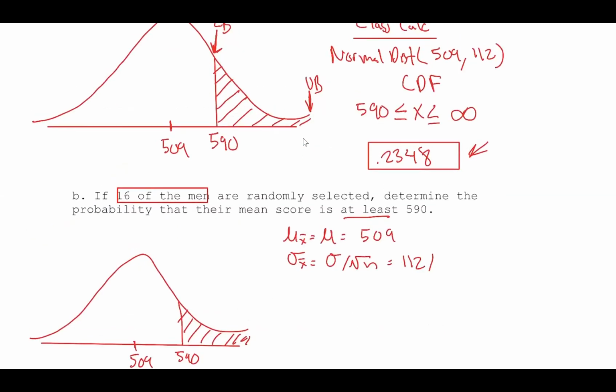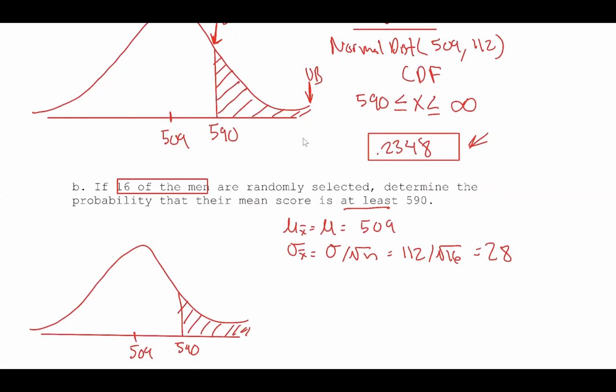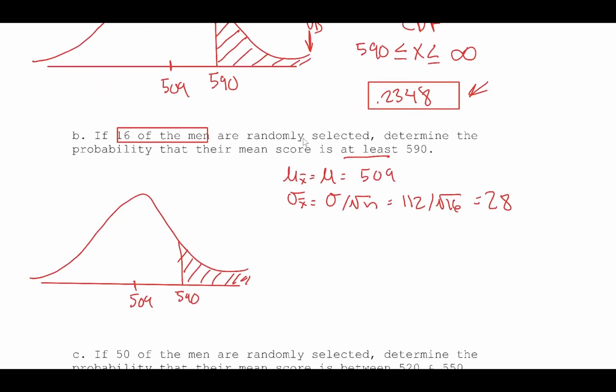You're gonna do 112 divided by square root of 16, and you get 28. So my mean is going to be 509, but your standard deviation, you should switch it over to 28. So you have to remember this: if you change the sample size, your standard deviation has to reflect that.